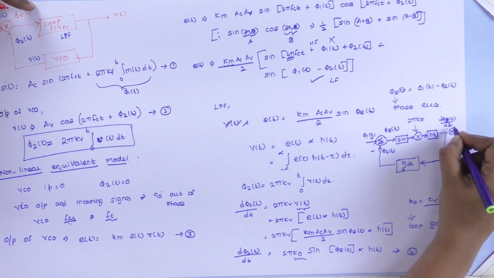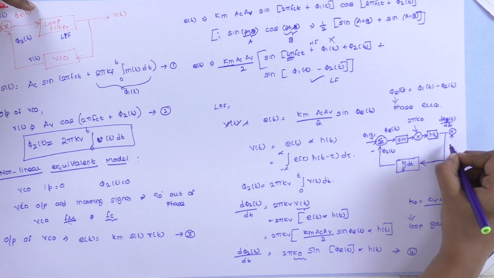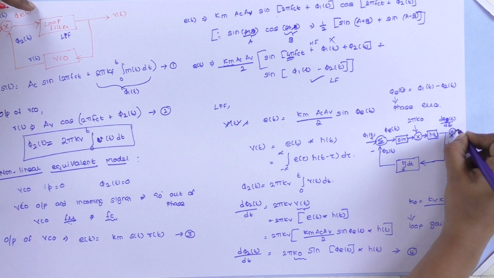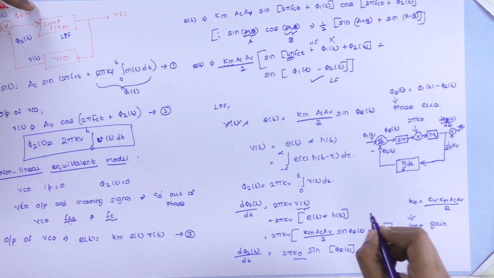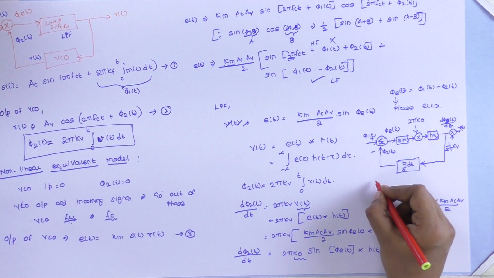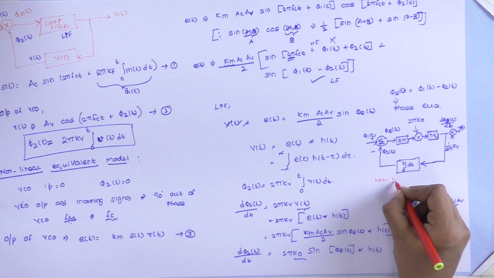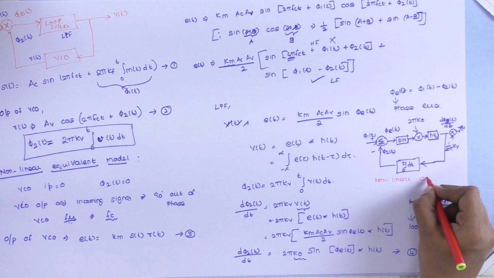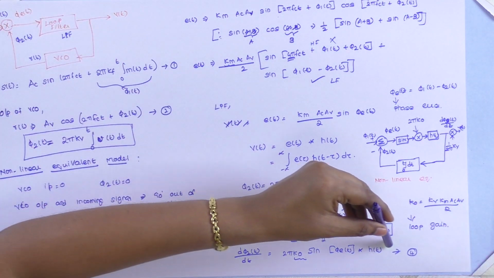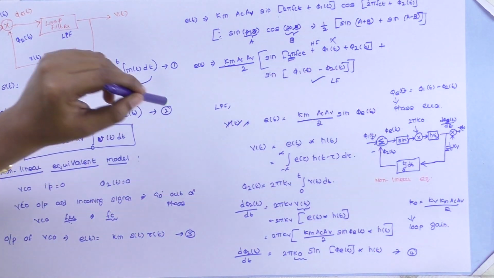After that comes a multiplier term, given by 1 by 2 pi kv. The resultant signal is our v of t. This is referred to as the non-linear equivalent of PLL. We are simply implementing this expression in terms of a block diagram.